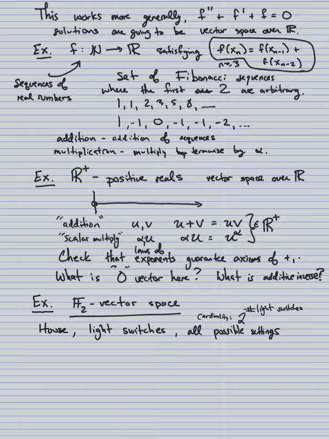Then how do you multiply? I'll do the multiplication first. How do you do scalar multiplication? You have to multiply by an element of F2. Well, remember F2 is just 0 and 1. 0 doesn't do anything, and 1 flips all the switches.